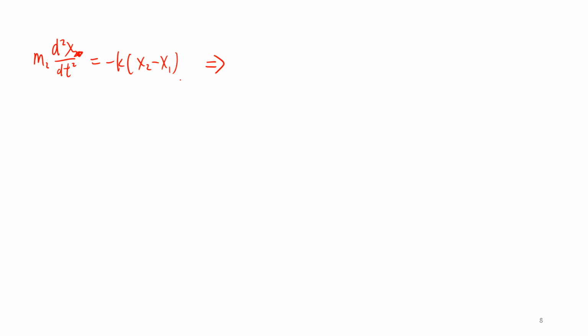So then this equation of motion can be written like this. Now you can see that I have an equation of motion that depends on one of the variables only. Then this one we know how to solve. So let me just take one more step.